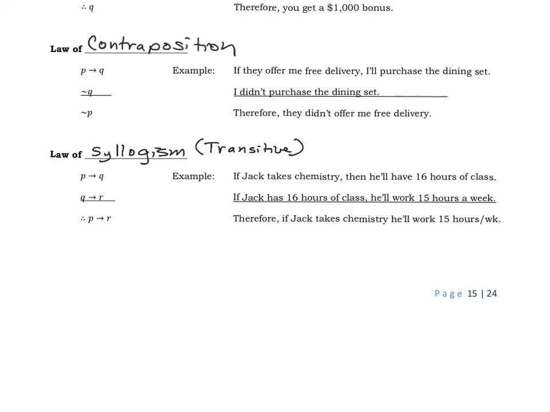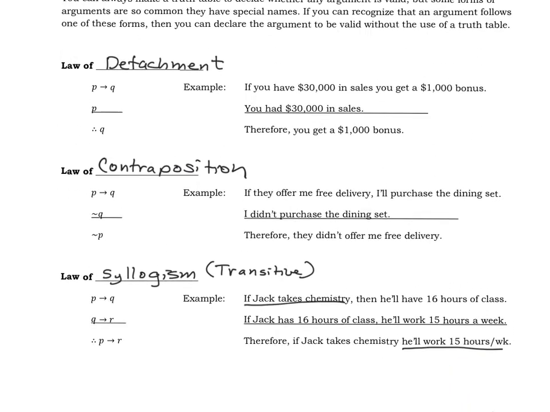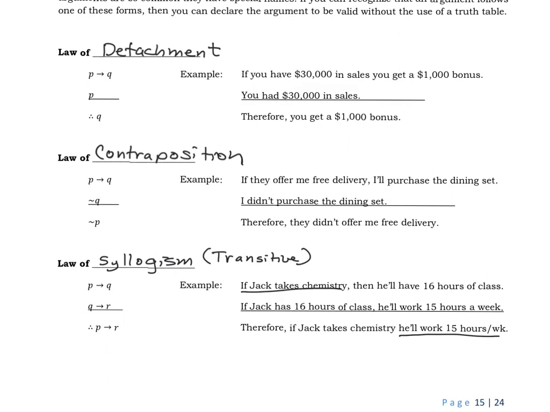If Jack has 16 hours of class, he'll work 15 hours a week. Therefore, if Jack takes chemistry, then he'll work 15 hours a week. So, law of syllogism. You'll notice on everything we have so far, we have an if-then statement. So we have law of detachment, law of contraposition, and law of syllogism.